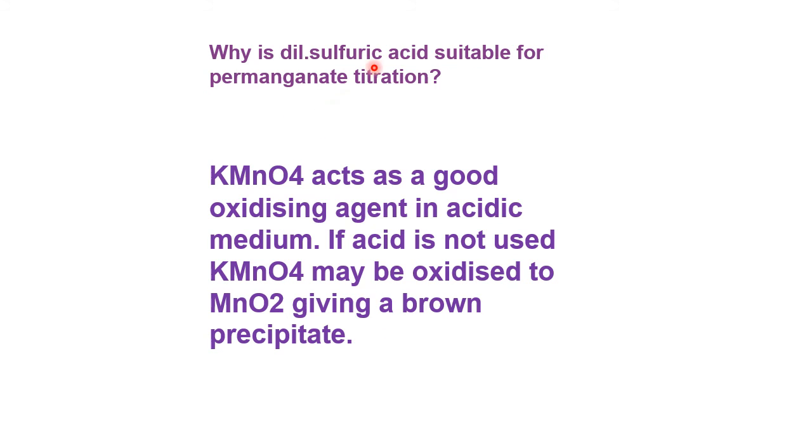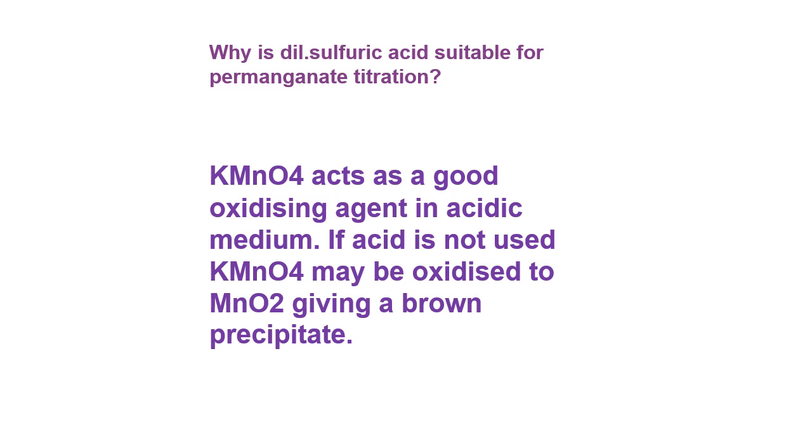Why is dilute sulfuric acid suitable for permanganate titration? KMnO4 acts as a good oxidizing agent in acidic medium. If acid is not used, KMnO4 may be reduced to MnO2, giving a brown precipitate. So here KMnO4 converts into what? K2SO4 and MnSO4.